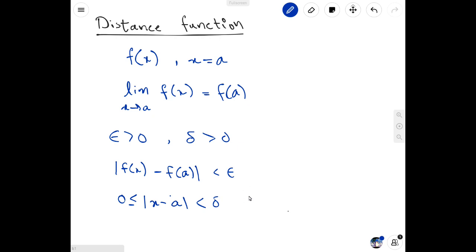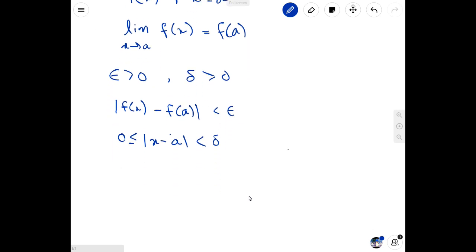So this definition is given in the courses of calculus when you study the continuity of a function.